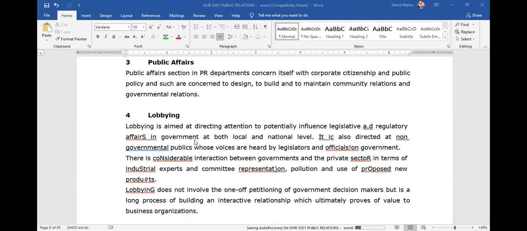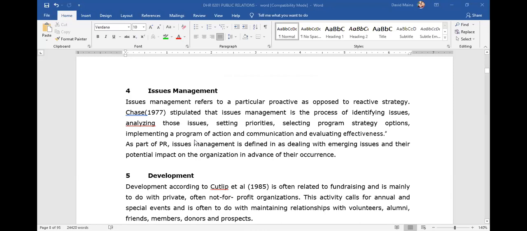Another one is issue management. In case there is a fire, or in case of conflict. When you talk about an issue, it is a point of conflict between two people. The point of conflict can be water. The point of conflict can be maybe insecurity.